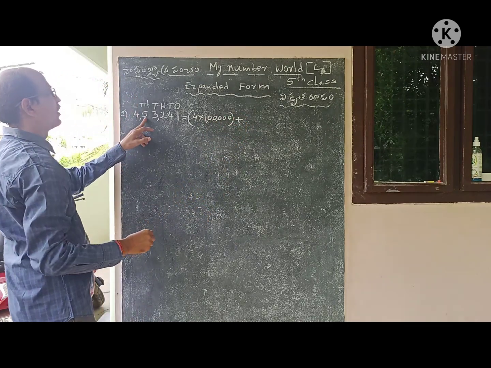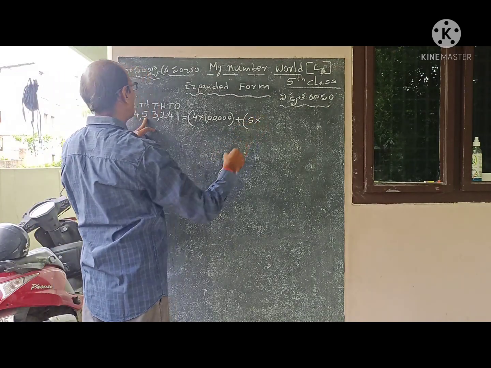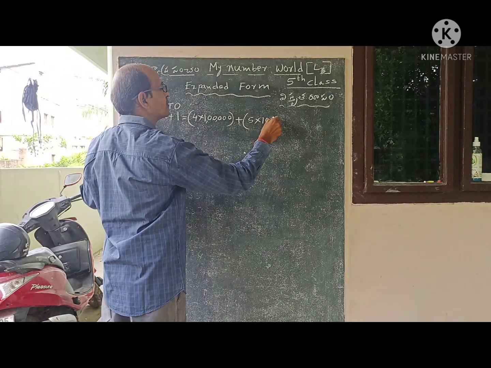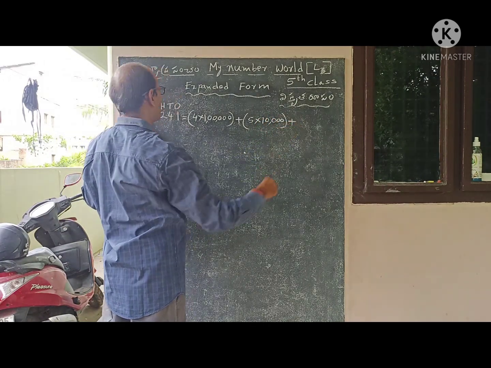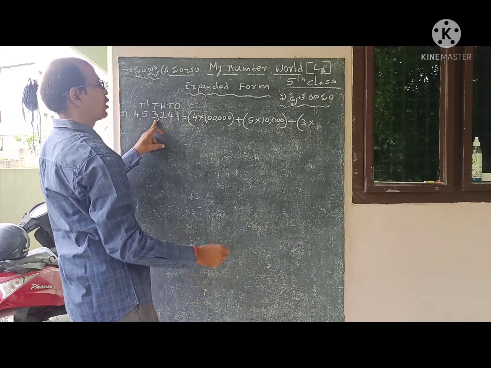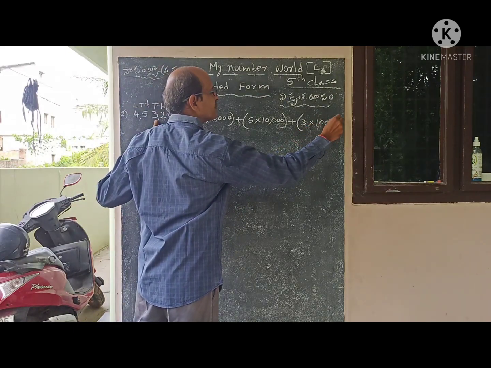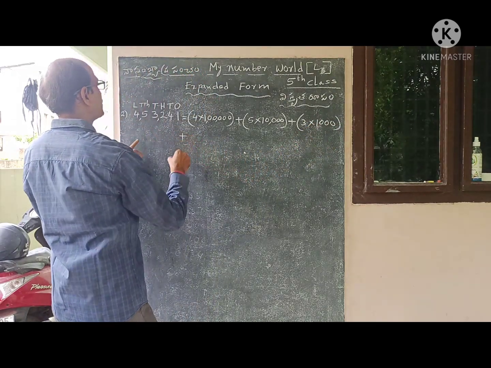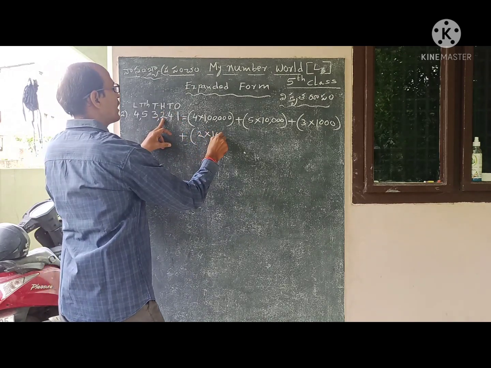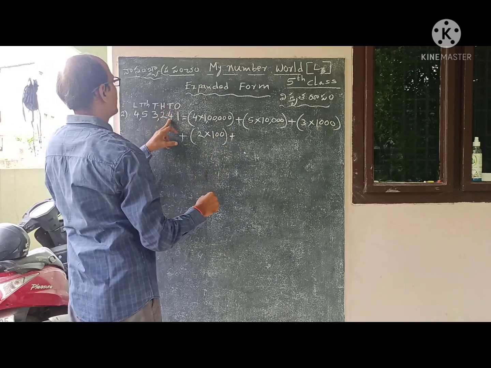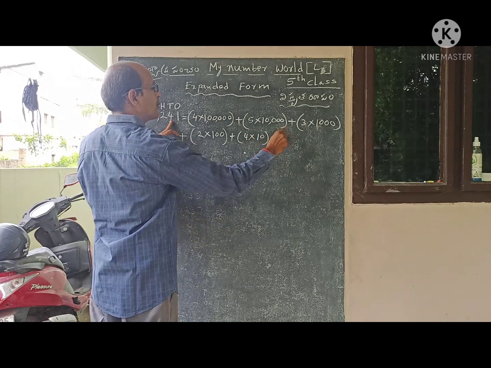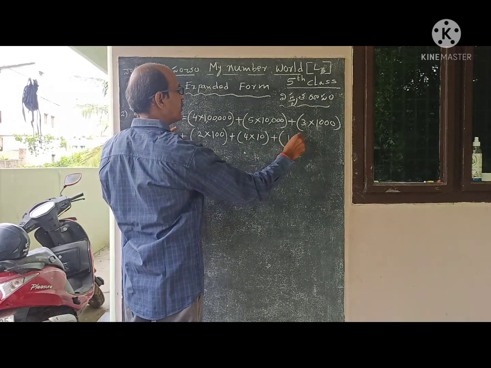Plus 5 into, this is 10,000. Plus 3 into, this is 1,000. Plus 2 into, this is 100. Plus 4 into 10, plus 1 into 1.